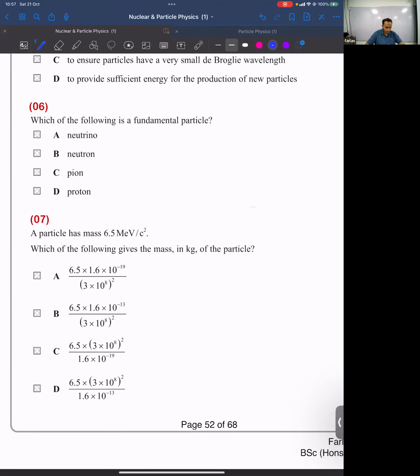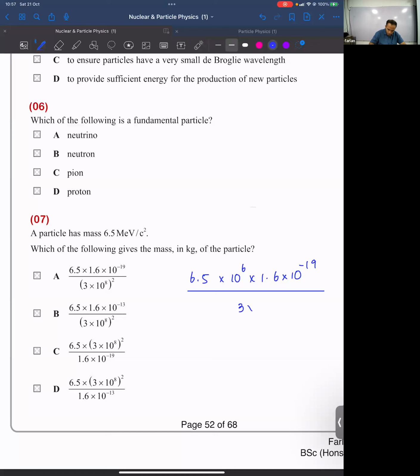So 6.5 into 10 to the power 6, into 1.6 into 10 to the power minus 19, the first one, sir. Others all are just rubbish.